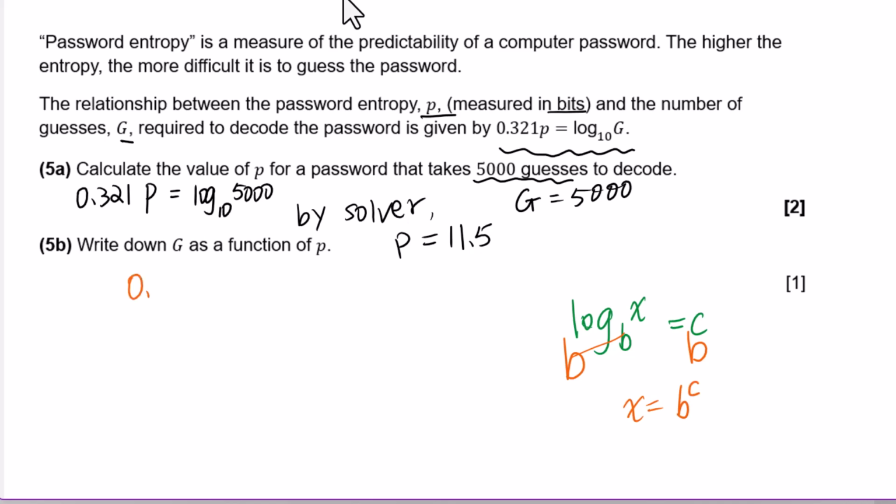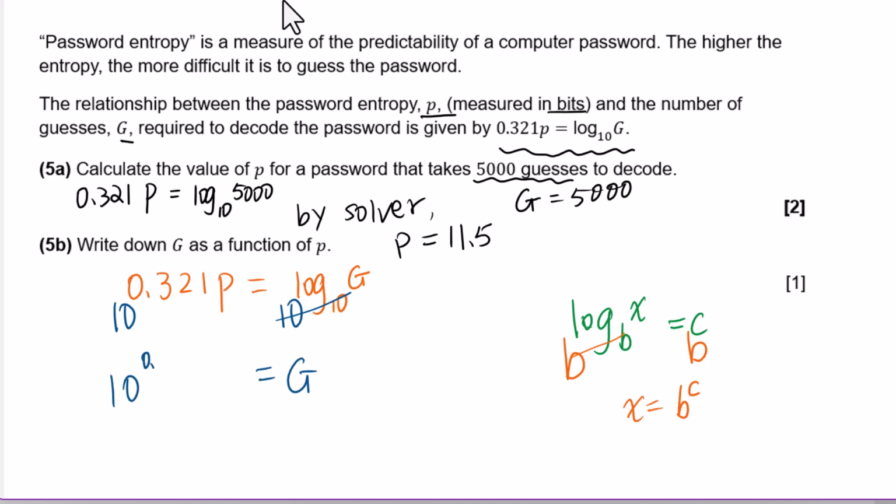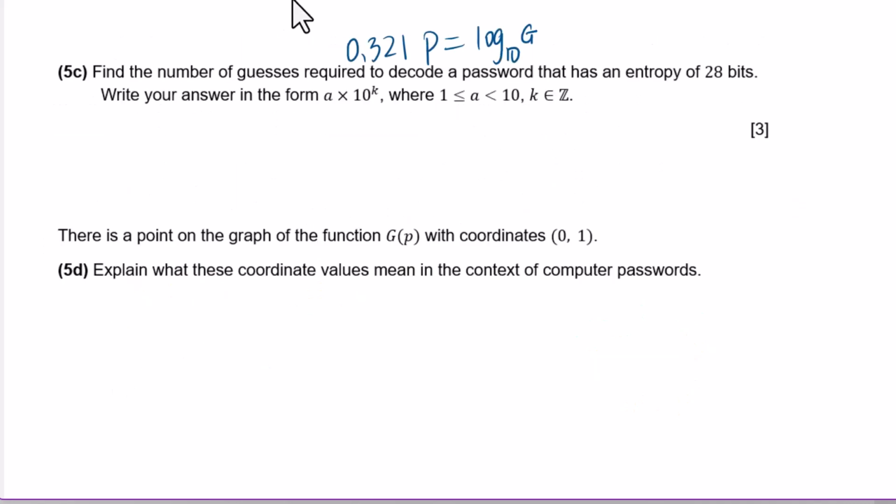We have 0.321 P equals log base 10 of G. Base is 10, so on both sides I add 10 as base. G equals 10 to the 0.321 P-th power.